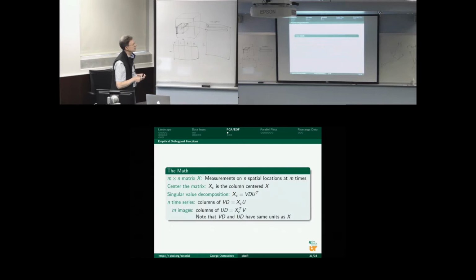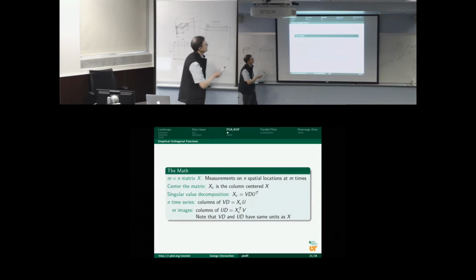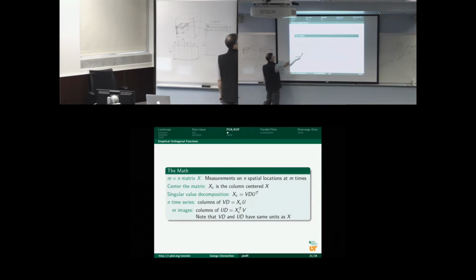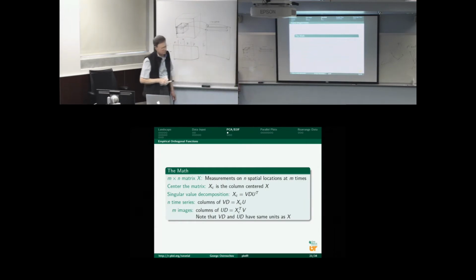What you get out is your left singular vectors and your right singular vectors, and they give some certain nice things. You get n time series if you multiply by the singular values. You get something that has the same units as the original matrix. I'll show you how this plays out in a moment. So let's go on here.